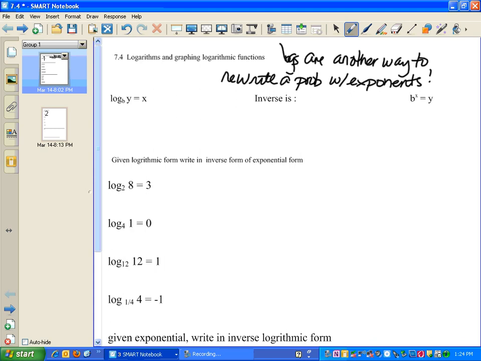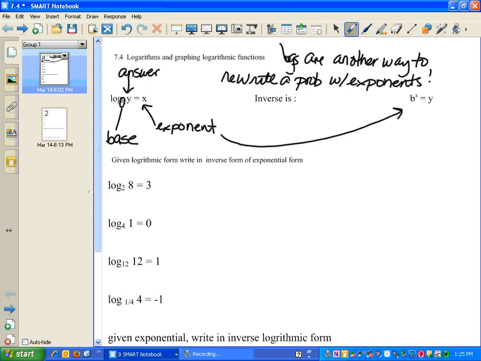Okay, so this little number right here, or letter, is your base. This is the answer. This is your exponent. So in the inverse, look, if I write it as log base b, y equals x, I'm really saying this, b to the x equals y.